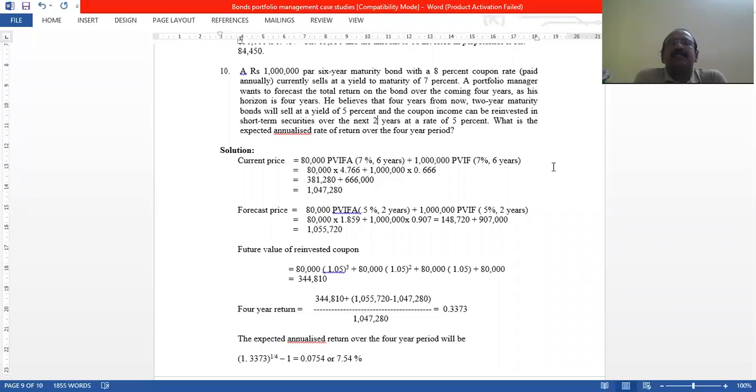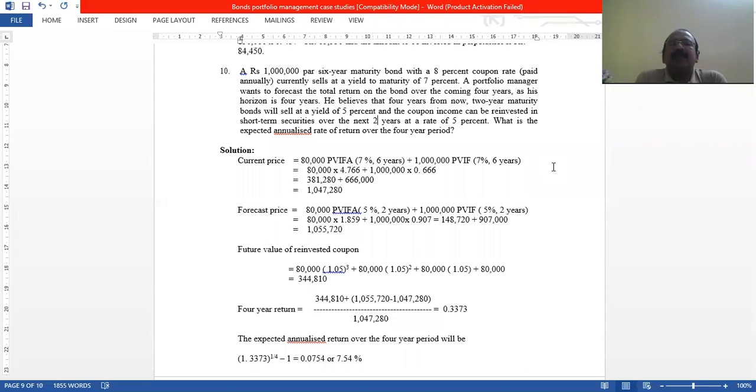6 years. So 80,000 divided by 1.07 power 1 plus 80,000 divided by 1.07 power 2 plus 80,000 divided by 1.07 power 3 and so on till 6 years. And then in the 6th year you will get 10 lakhs.